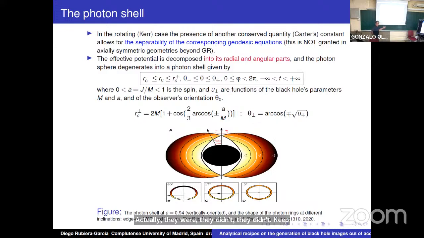So there are mechanisms in the astrophysical flow that explain why the photon after some time starts losing angular momentum and spirals inward into the black hole. Otherwise, you don't have emission from that. So this is the constant you lose from non-rotating to rotating, but in this case, the Carter one supplies the separation of the equation of motion.